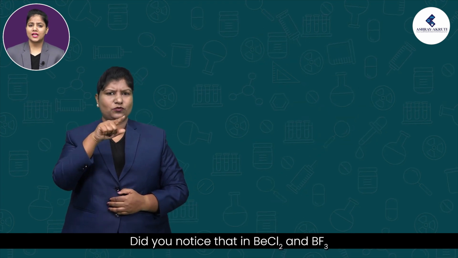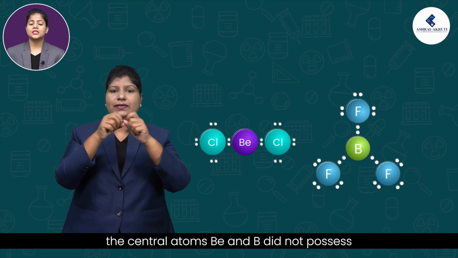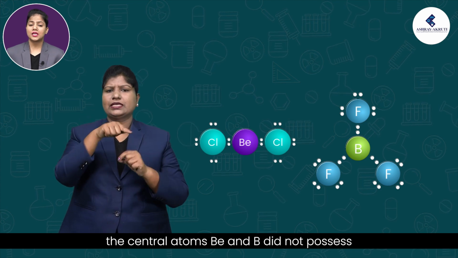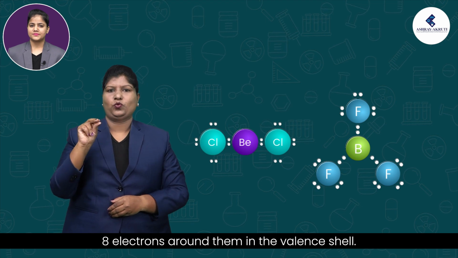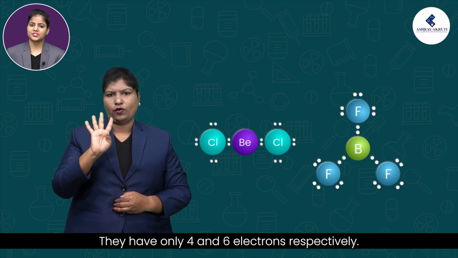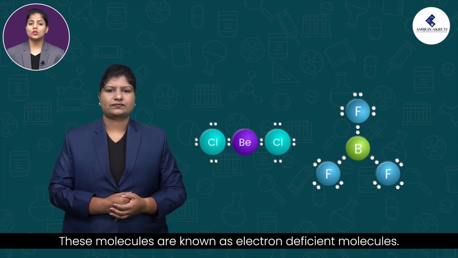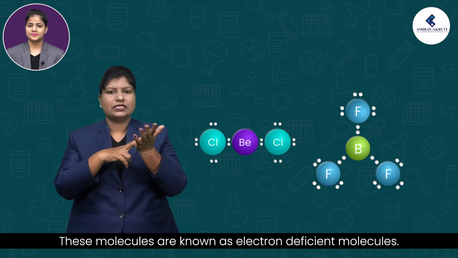Did you notice that in BeCl2 and BF3, the central atoms Be and B did not possess 8 electrons around them in the valence shell? They have only 4 and 6 electrons respectively. These molecules are known as electron deficient molecules.